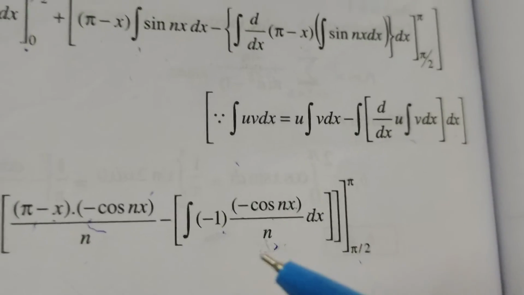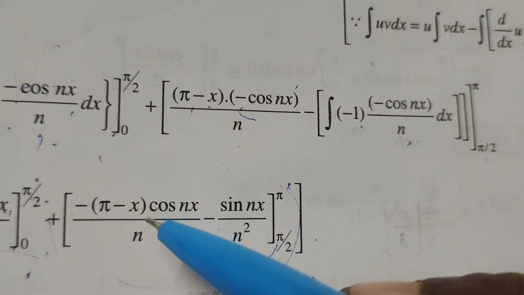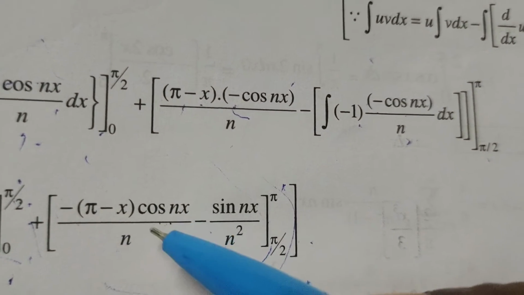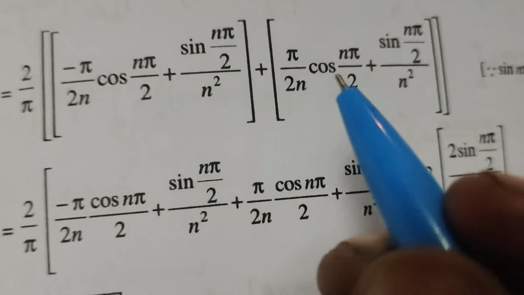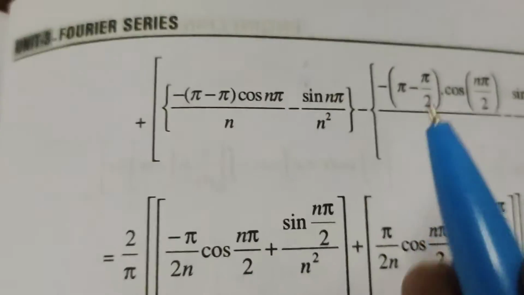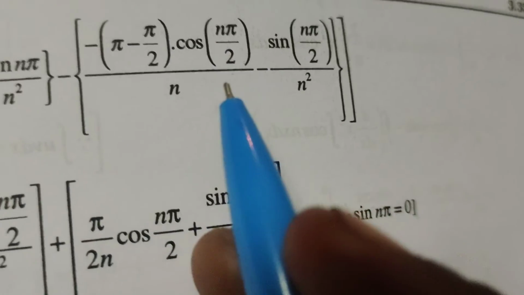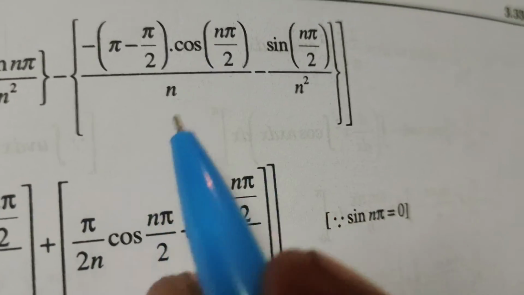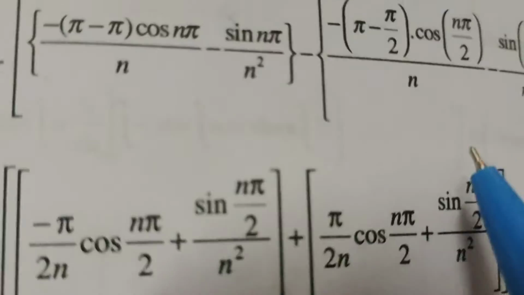Here pi minus x is there, (pi minus pi by 2) cos n pi by 2 by n, (pi minus pi by 2) cos n pi by 2 by n. Here also minus sin n pi by 2 by n square.